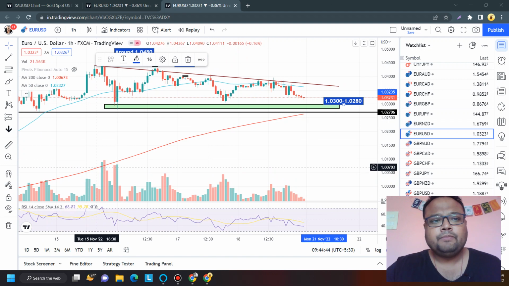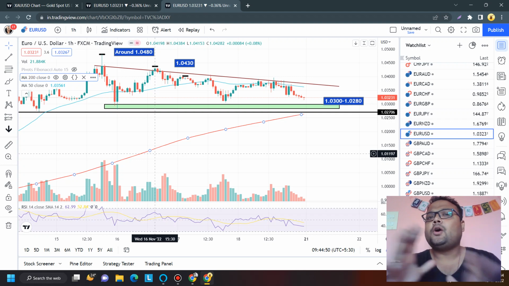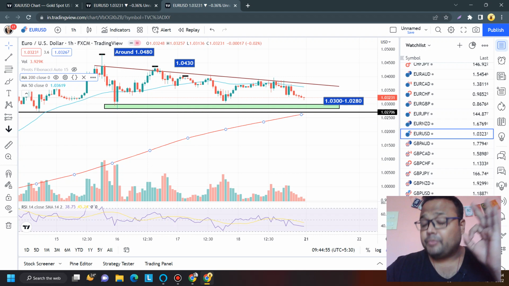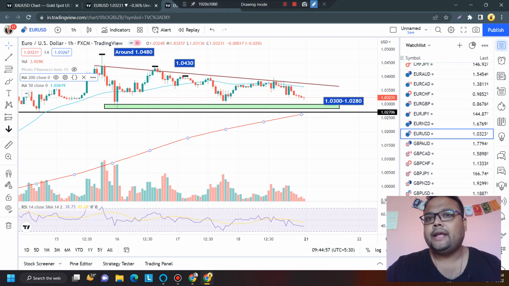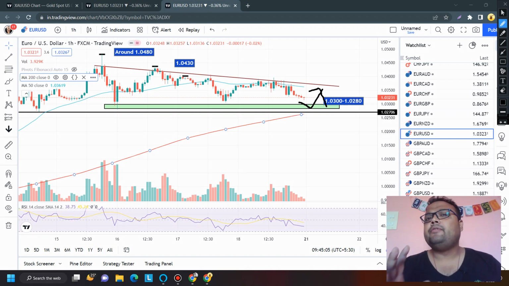Plus you can also see the 200 moving average coming up to provide support to the market. So if we combine all the factors, there's a high chance that Euro USD will give its best shot to take support. If the market bounces from the support level, you can definitely go for a buy position. You can expect a profit of 30-40 pips easily.